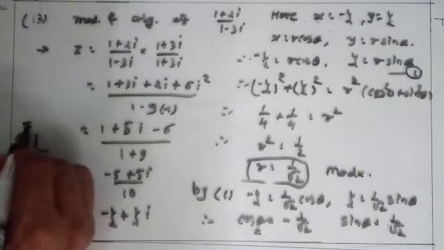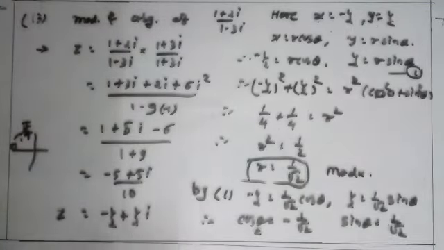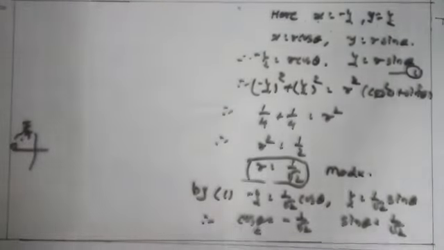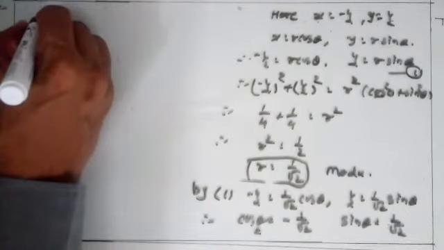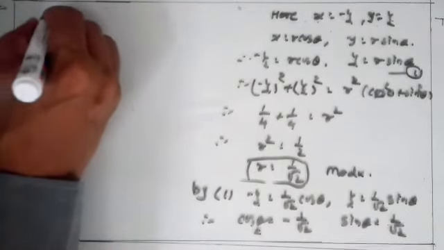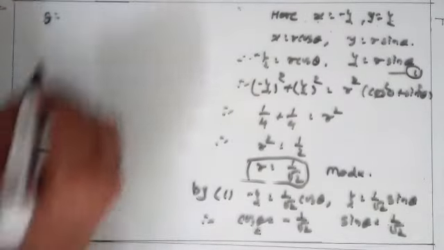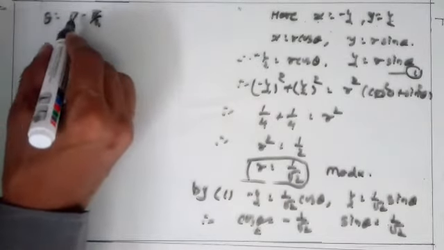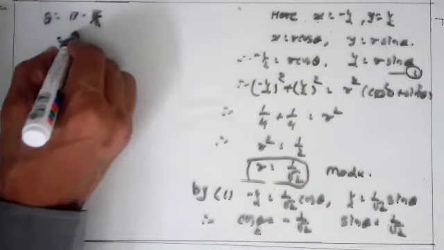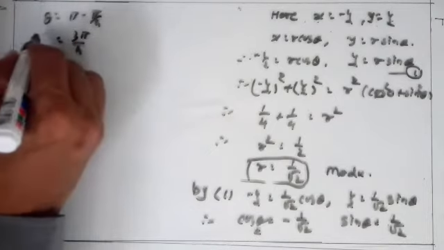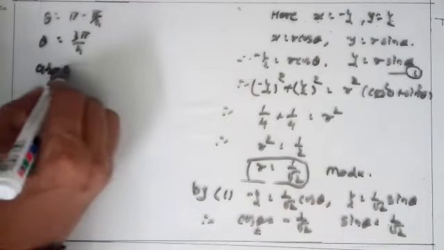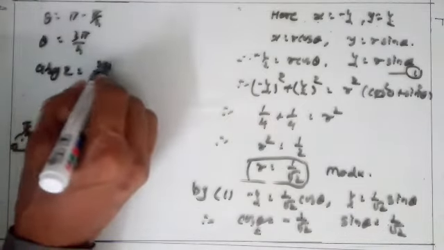We know that at pi by 4, so pi minus pi by 4. Clear? So theta is equal to pi minus pi by 4. So this becomes 4 pi minus pi, that is 3 pi upon 4. So this is the argument. Argument of z is equal to 3 pi upon 4.